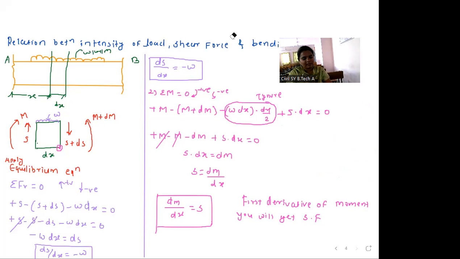Then we will take one example. Suppose one beam is given and an inclined load is applied on it. Then how to solve this inclined load equation? So today we will conclude this unit number 5.